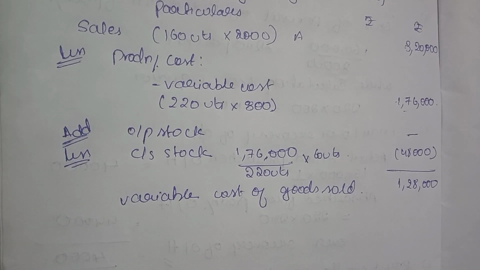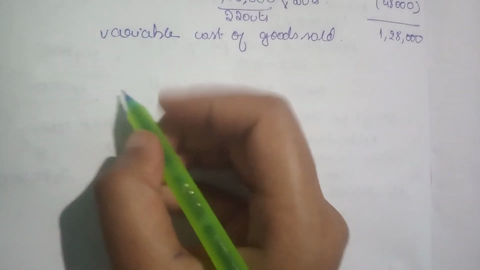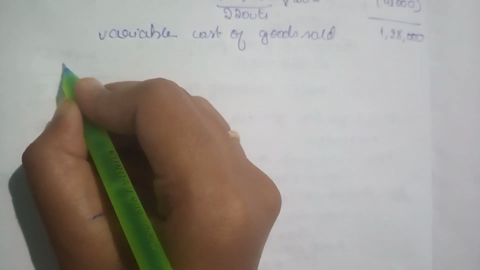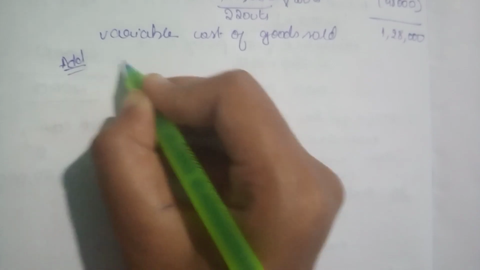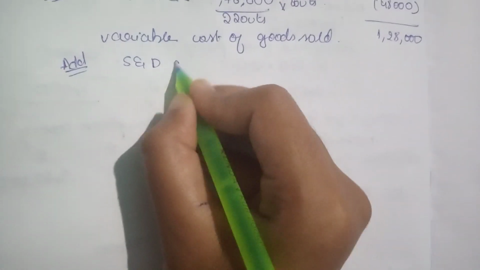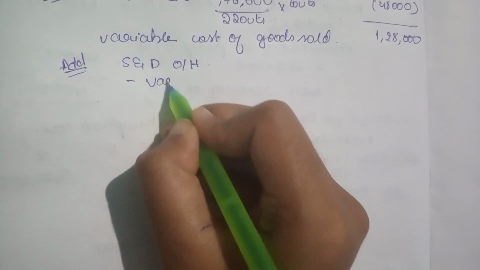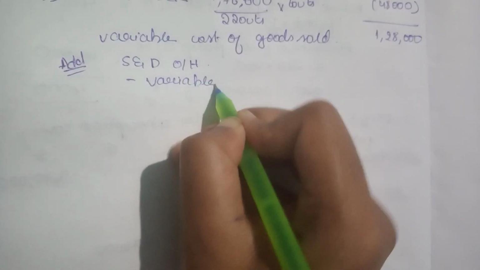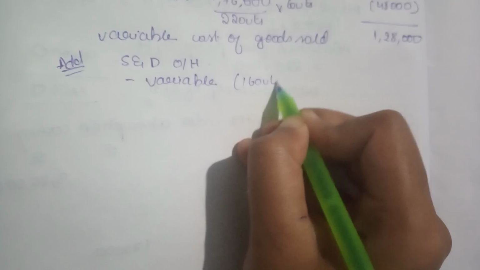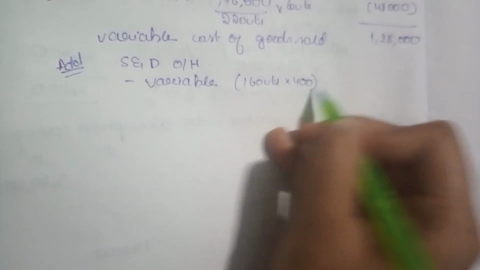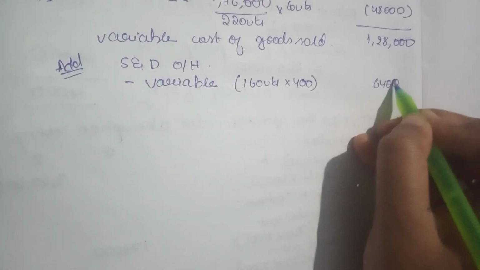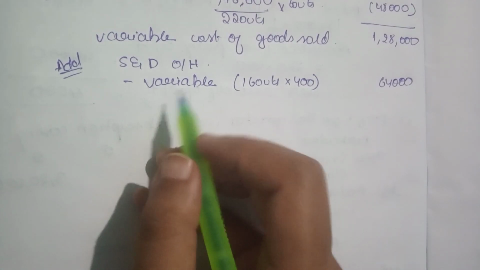Now to this we will add selling and distribution overhead. In this also they have given variable now, 160 units into 400 rupees. Same calculation, but we'll not add fixed.